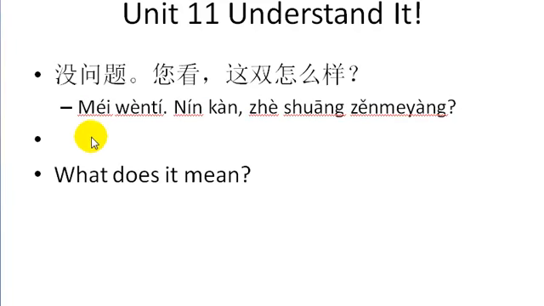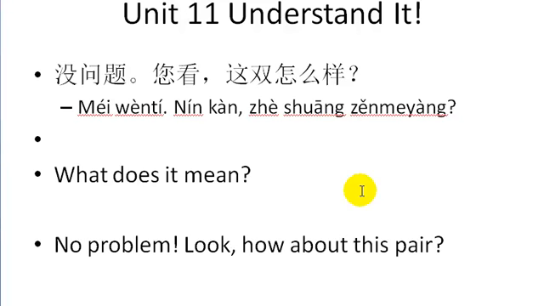Okay, this sentence you should have no problem with. 没问题，你看，这双怎么样? Okay, pause and write down what you think this sentence means. Okay, 没问题, no problem. 你看, or 您看, look. 这双怎么样?